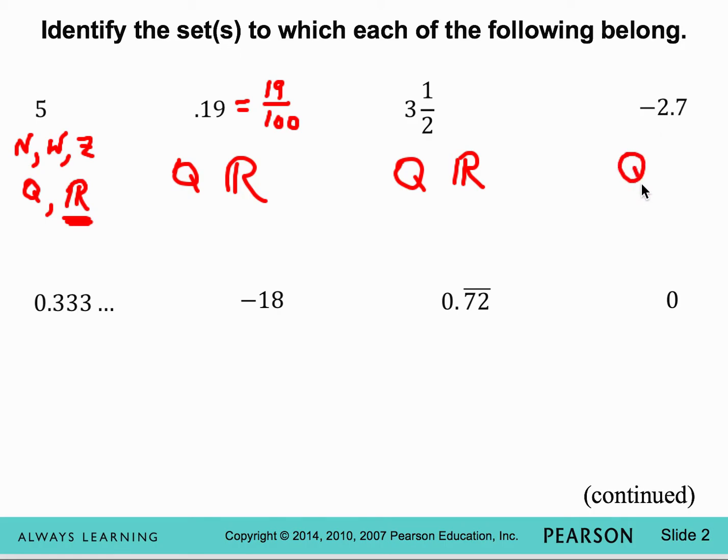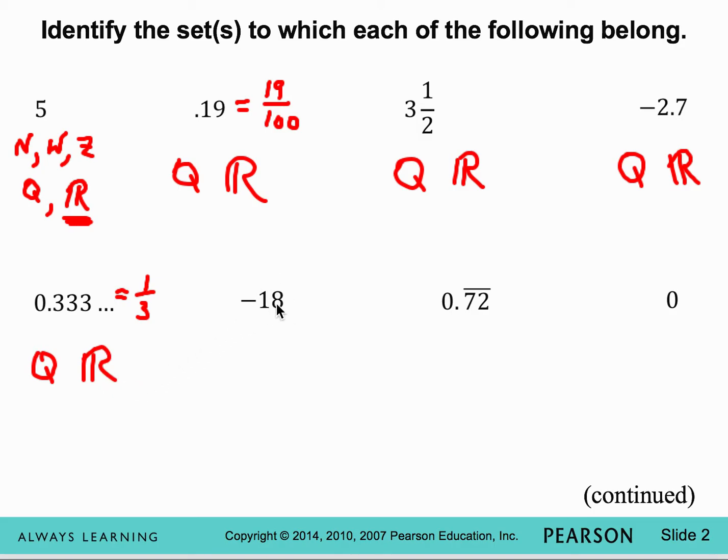So it's a rational number, and of course also a real number. Oh, here's that same example we used, 0.3 repeating. Since that is a repeating decimal, I can write it like a fraction, okay? And therefore, it is also rational and real.